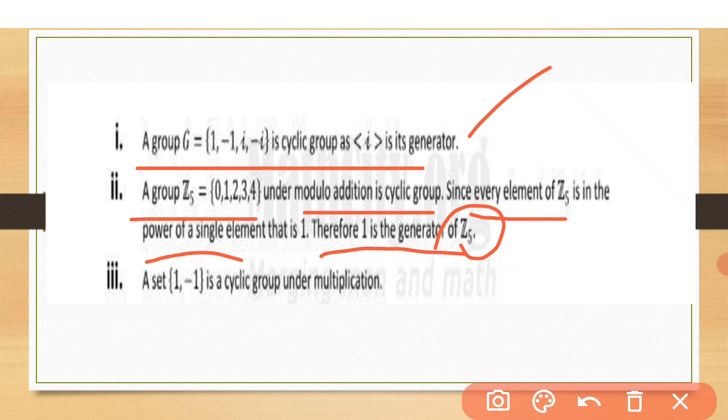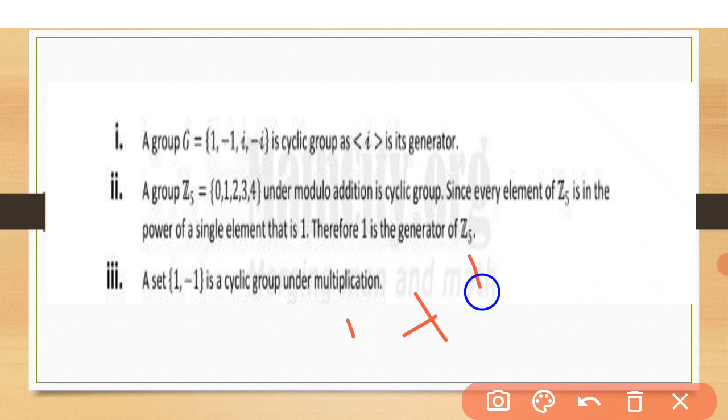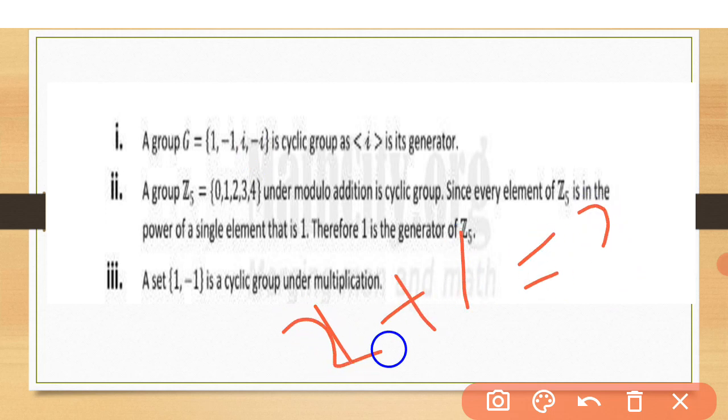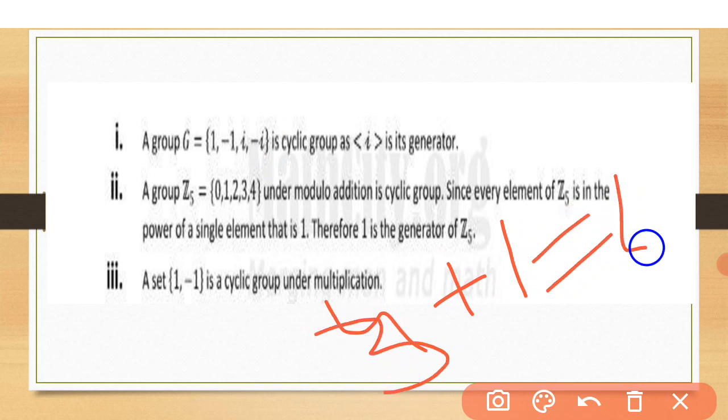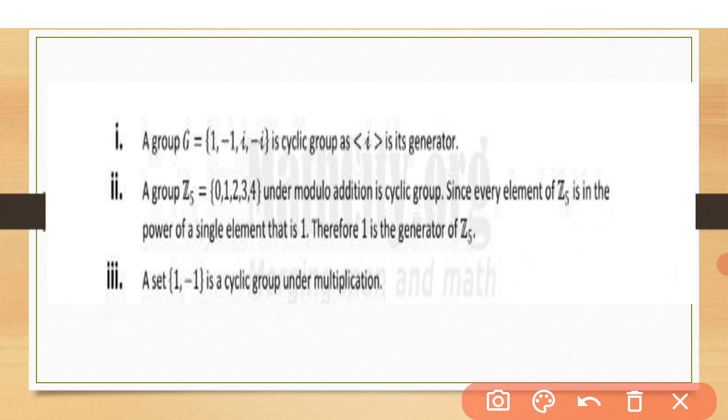When we add 1 to all the elements, let's say 0 plus 1 gives us 1, an element here, and 1 plus 1 gives us 2, which is an element here, and 2 plus 1 gives us 3, and 3 plus 1 gives us 4, that is here, and 4 plus 1 is equal to 5.